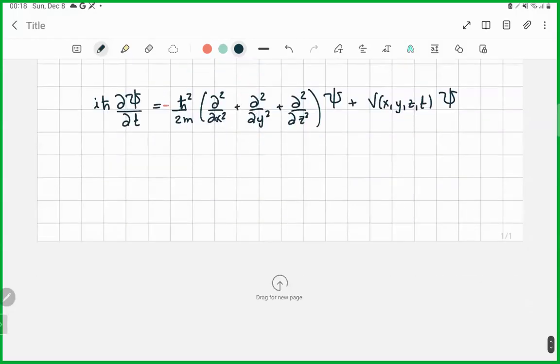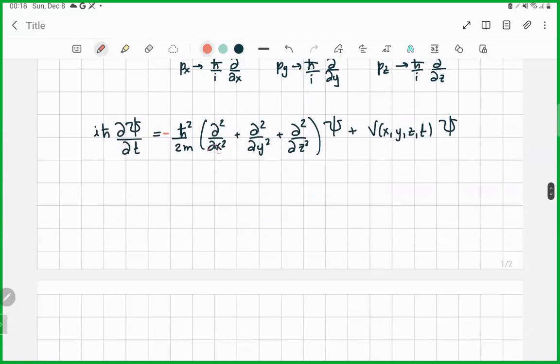First thing is, we are going to rewrite this using just this symbol, the Laplacian. It makes life much easier than writing all those terms. And the second very important thing that we are going to do will be dealing with potential energy that does not depend on time, just as we did at the beginning of chapter 2.